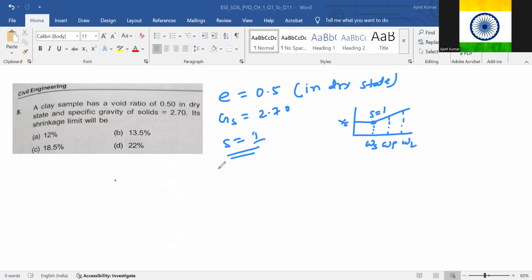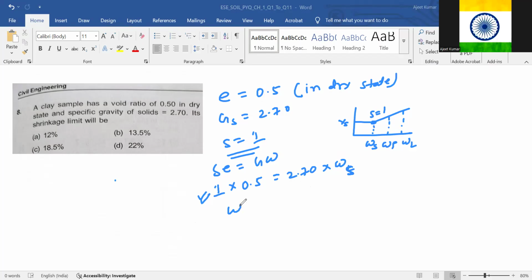If you use again the formula, S e is equal to G into w. S is equal to 1, e is given 0.5, G is 2.70, and w you have to calculate. This is Ws, the shrinkage limit, degree of saturation 1.